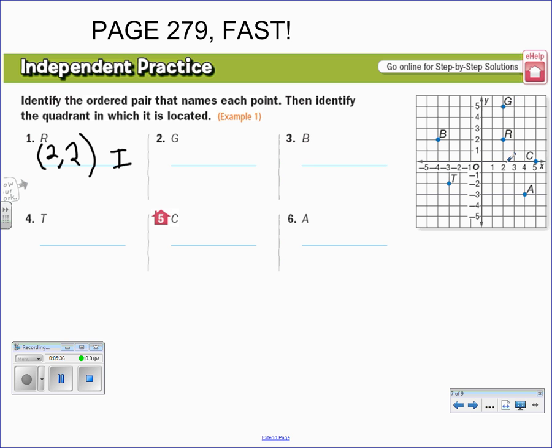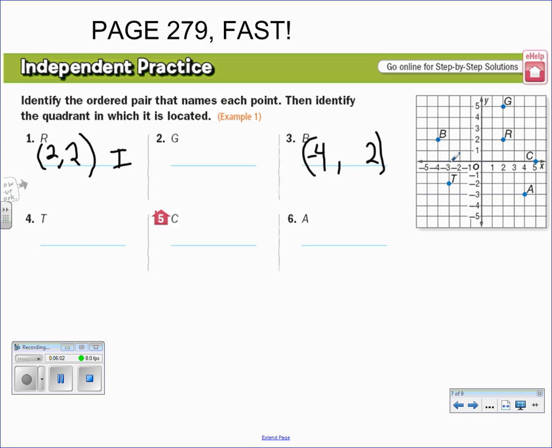G, 2, 5. Still in the first quadrant. Let's move on to this one. B, negative 4, 2. How did I know it's negative 4 first? Because what is it on X? X always comes first. Y second. So over negative 4, up 2. C. Oh, C is right on the axis.